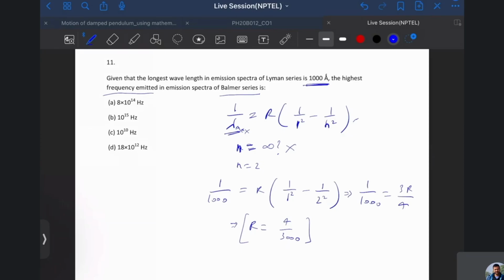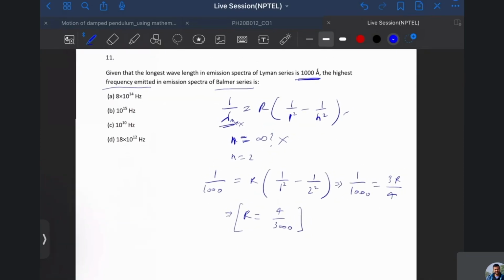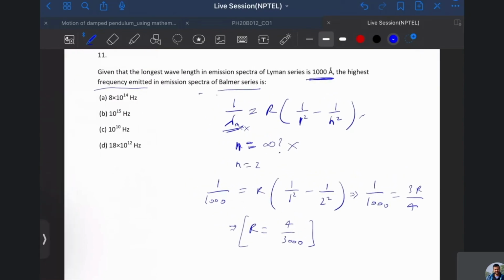Now the question asks the highest frequency emitted in the case of the Balmer series. So highest frequency means what? Lowest wavelength, right? Because frequency is inversely proportional to wavelength.